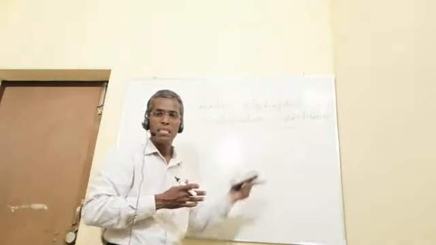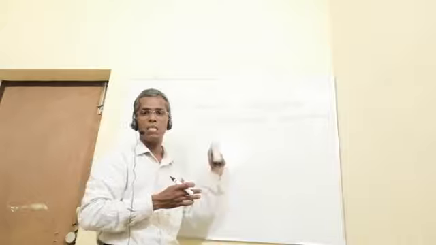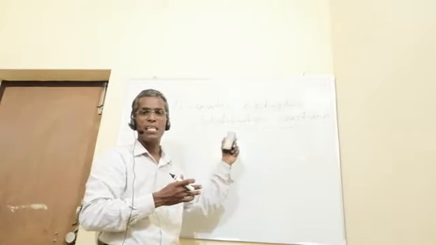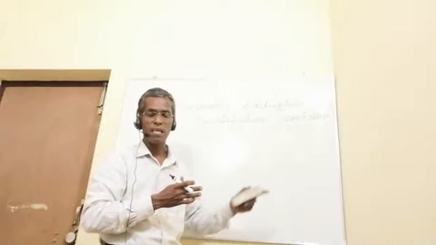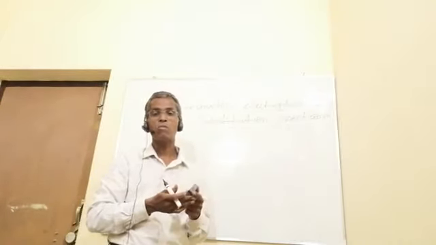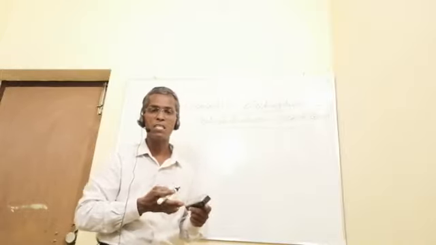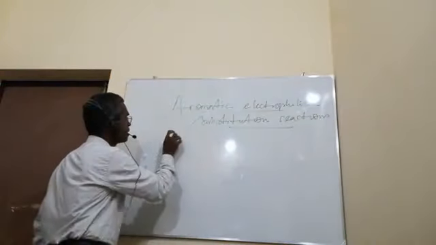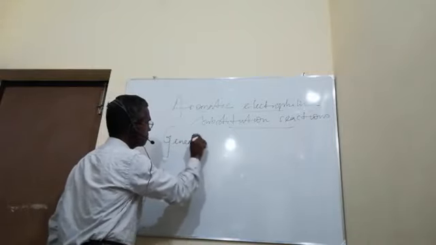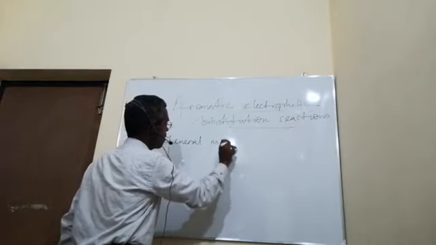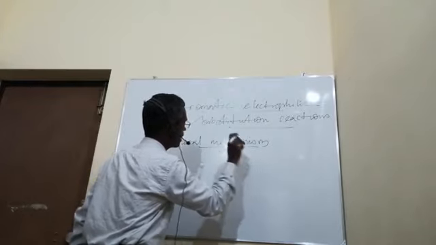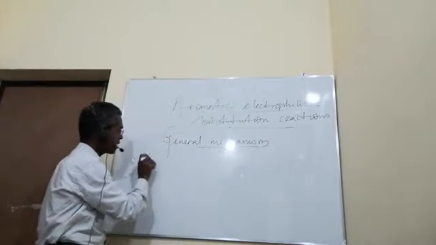If you take any electrophilic substitution reaction, as I explained, nitration, sulfonation, alkylation, acylation, halogenation, etc., all these different types proceed in general in 3 different steps. General mechanism of aromatic electrophilic substitution reaction.